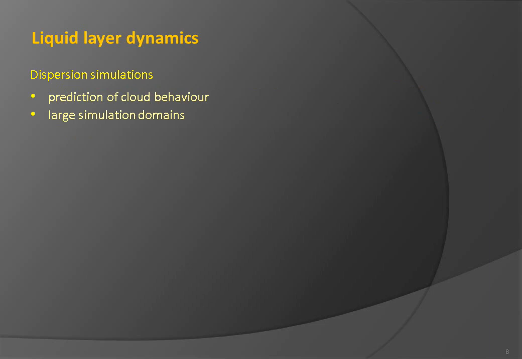Dispersion simulations command the use of large simulation domains to predict cloud behavior. On the other hand, a liquid layer that serves as a source of gaseous cloud is usually just a few millimeters or at most a centimeter thick. For that reason, very fine grid spacing is needed to directly resolve the liquid layer.